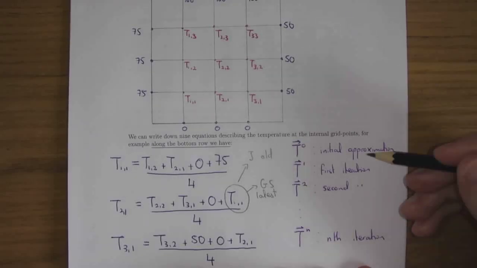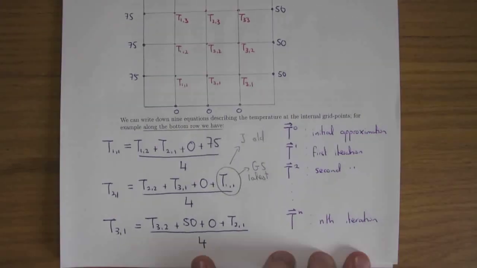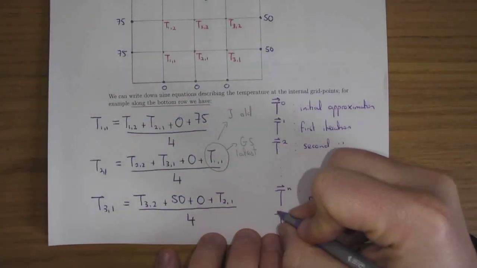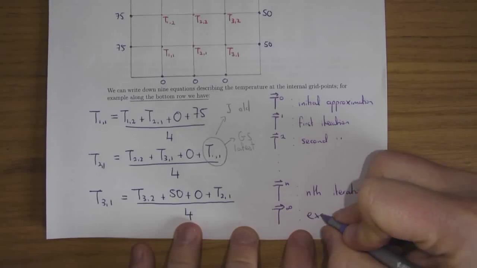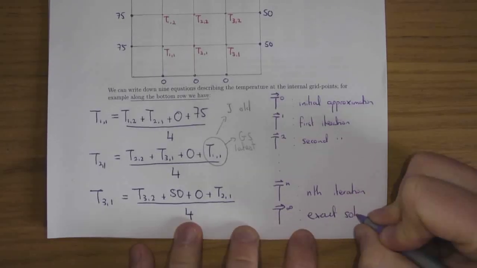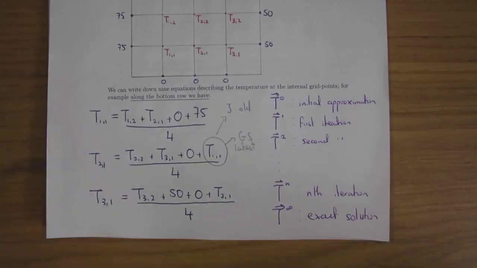And so there's no sense, they're all just approximations to the, I mean, if I write down T infinity, this is actually the exact solution. In other words, if you keep doing this forever. And so if you use the latest values, this is just going to speed up this convergence. That's all. So there's no problem with mixing old and previous.